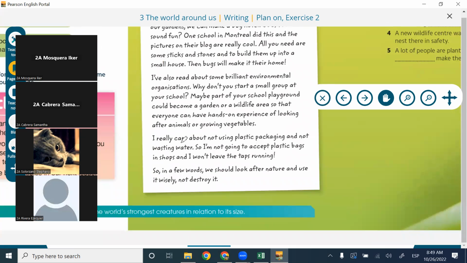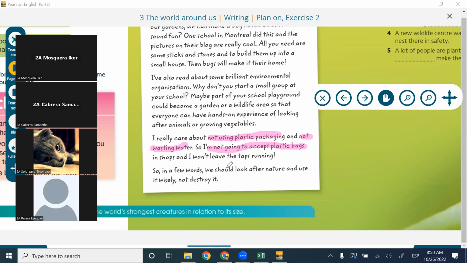Okay, what happened in the conclusion? What other options can we have? Not using plastic packaging and not wasting water. Very good. Any other one? The person is not going to accept a plastic bag.